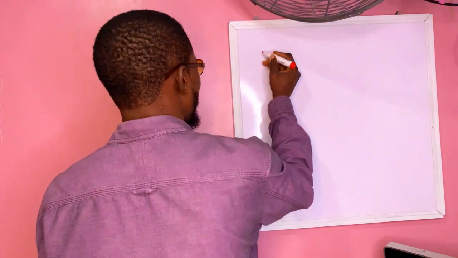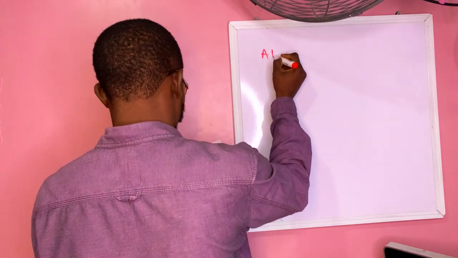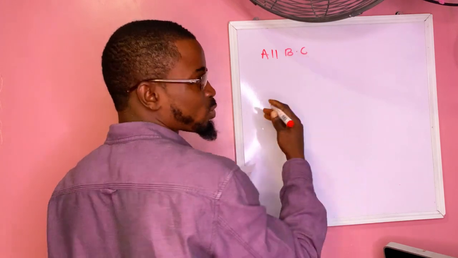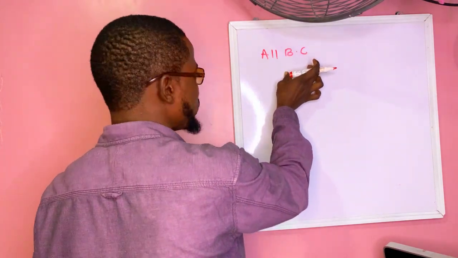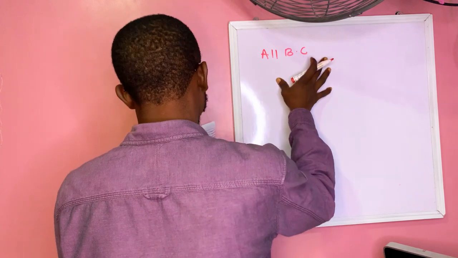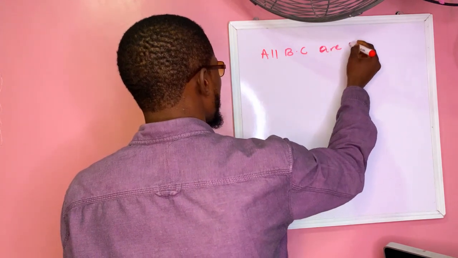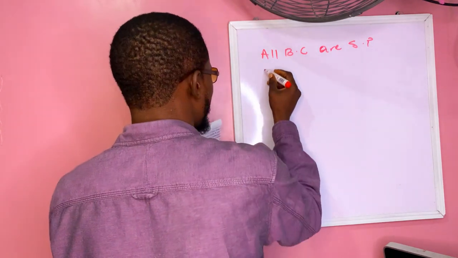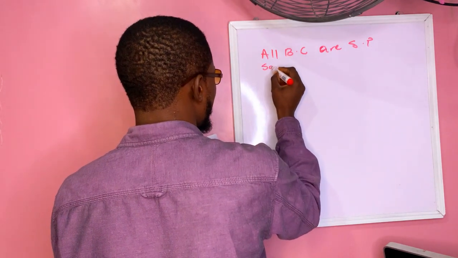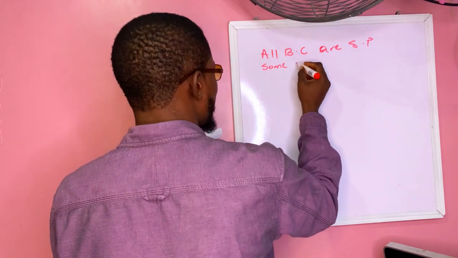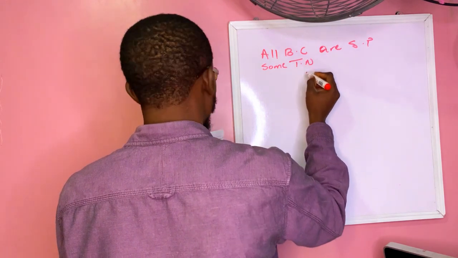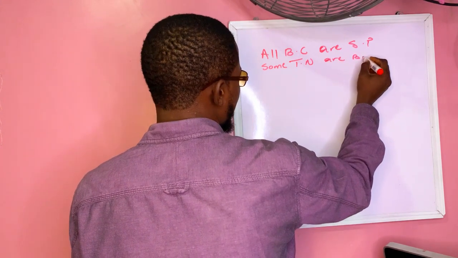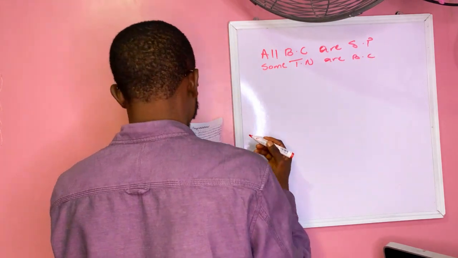So let's say, for instance, we have an argument like: all born again Christians, but because of space, I'm just shortening born again Christian to BC. So all born again Christians are superstitious people. Then the next one, some timid Nigerians are born again Christians.